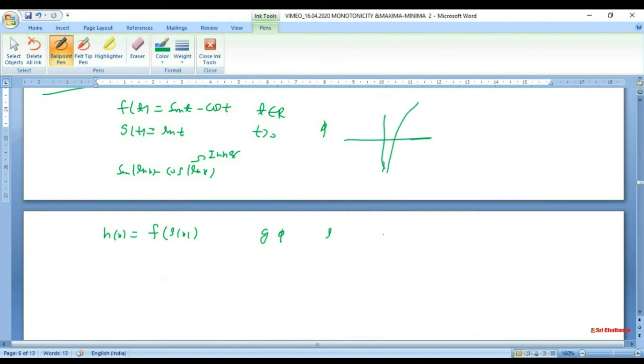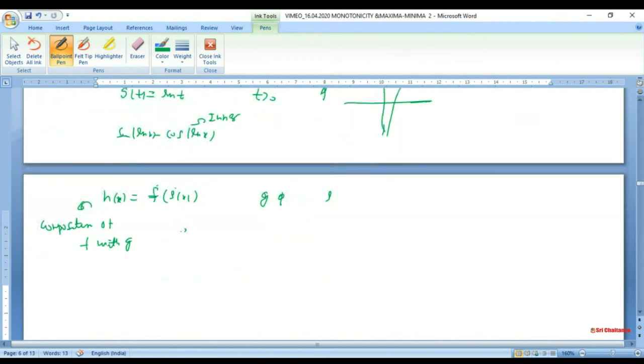We want h(x), that composition function. It is the composition of f with g. That's the function on the left side, which is the same as the right, because it's been named like this. So h(x) is the composition of f with g, and g is given to be strictly increasing.